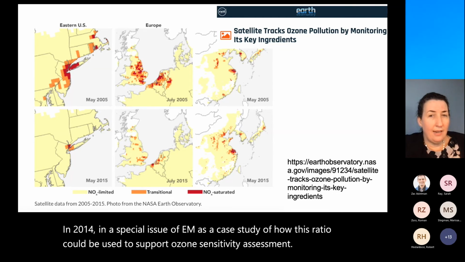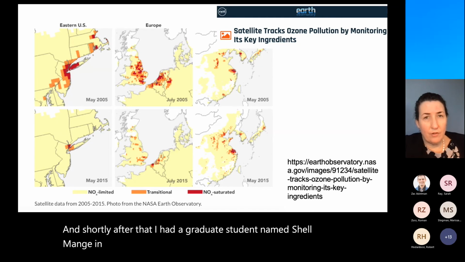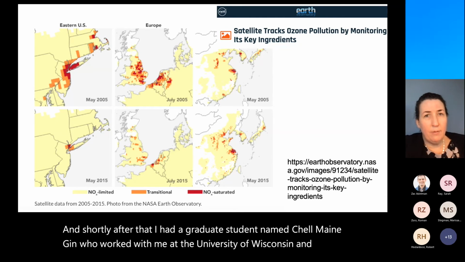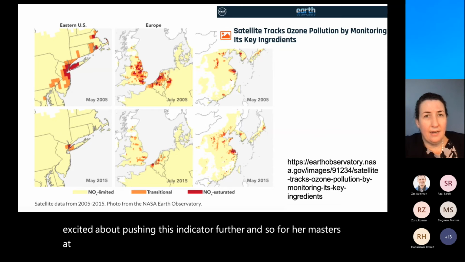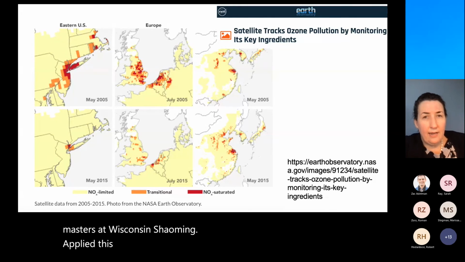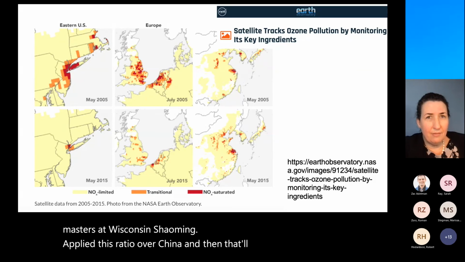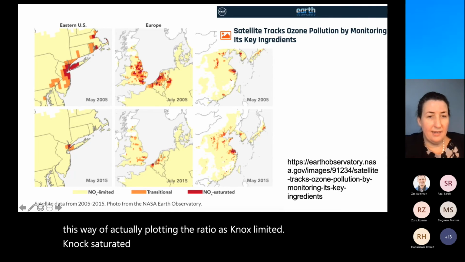Shortly after that, I had a graduate student named Xiaoming Jin who worked with me at the University of Wisconsin, and I was excited about pushing this indicator further. So for her master's at Wisconsin, Xiaoming applied this ratio over China. In that work, she framed it by plotting the ratio as NOx limited, NOx saturated, here red, and in the middle as orange, transitional.